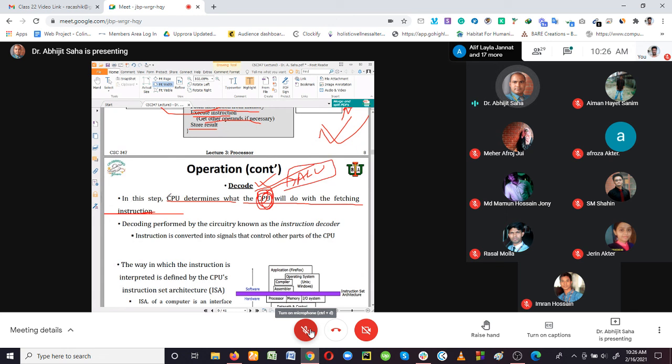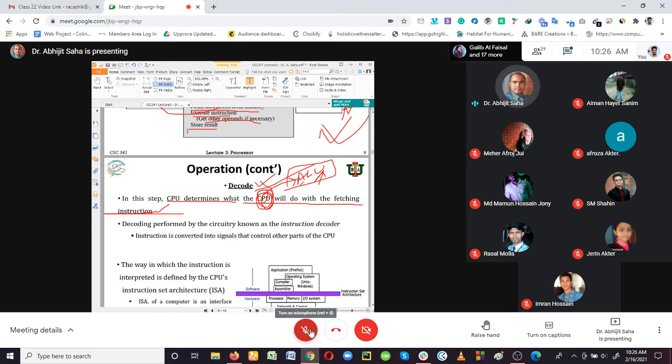Why? Look, it says that in this step the CPU determines what it will do with the fetched instructions. So when it comes to the processor, into the control unit, it goes to the ALU for some operations. Remember that it has several names: the execution unit, the arithmetic logic unit.